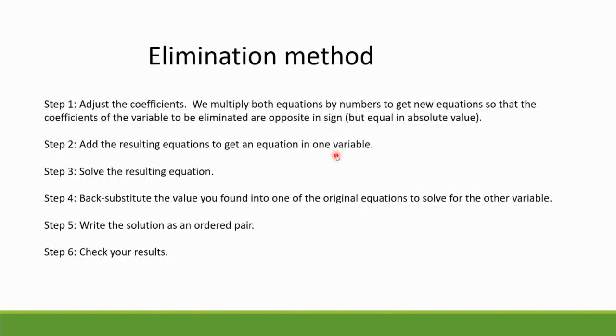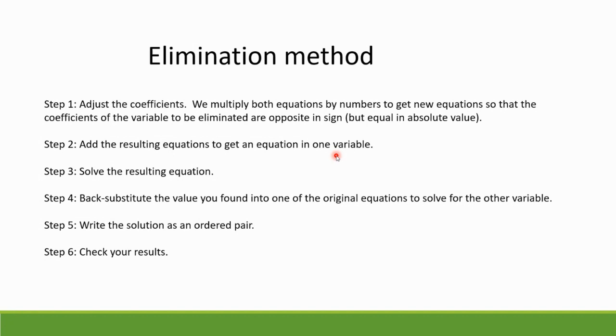Okay. The other method for solving, the third method for us, would be elimination. There, the idea is you want to somehow manipulate the equations and combine the equations somehow to eliminate a variable. Essentially, the first step is to adjust the coefficients.